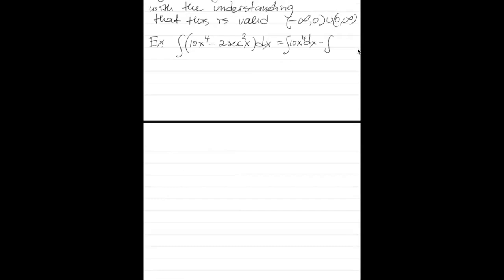We can put the constant on the front and integrate. That would be 10 times x to the 5th over 5 minus 2 times the integral of secant squared, which we know is tangent of x, plus c, one constant for both integrations. So that is 2x to the 5th minus 2 tangent of x plus c.